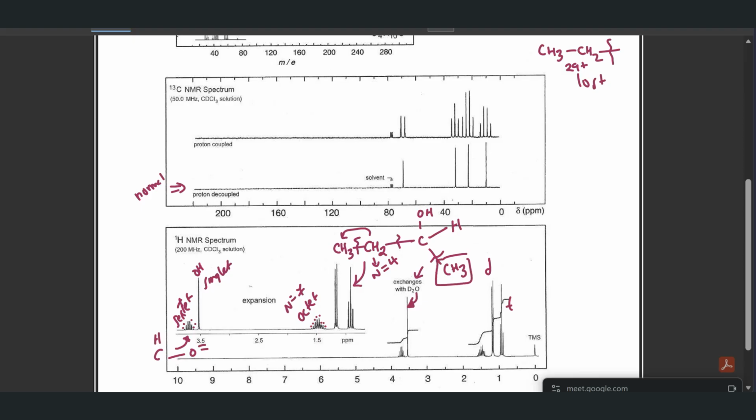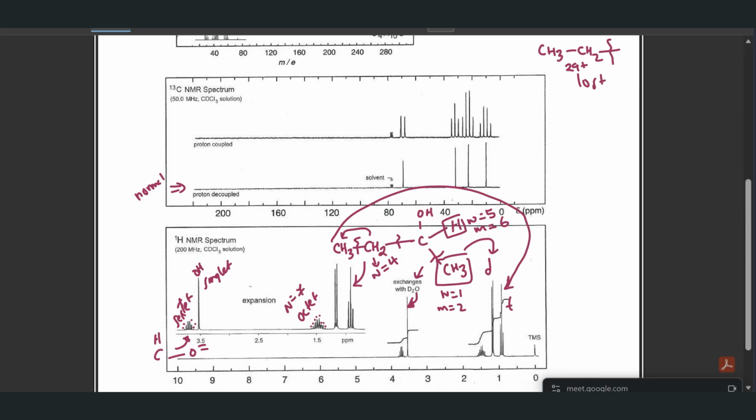See this? N equals 1. So M will be equal to 2. So this could be a doublet. Let's just pretend you're working with what we have. This could be a triplet. And then this one has N equals 5. So M will be equal to 6.